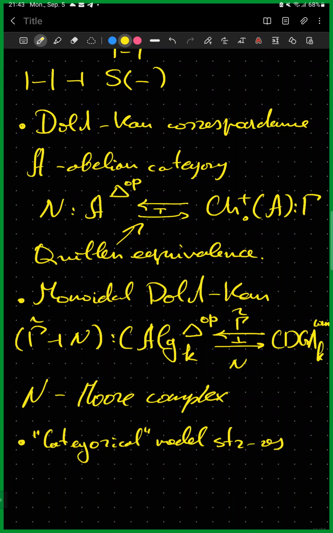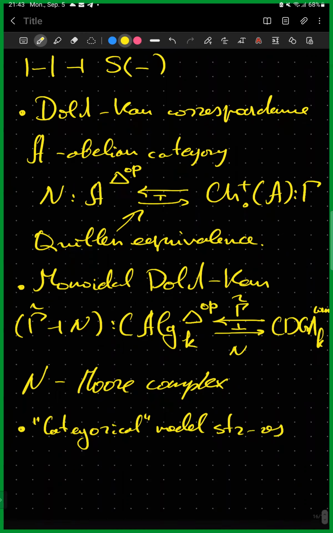These are model structures on various models for infinity-one categories, and all these model structures turn out to be Quillen equivalent to one another, thus establishing an equivalence of models for infinity-one categories.